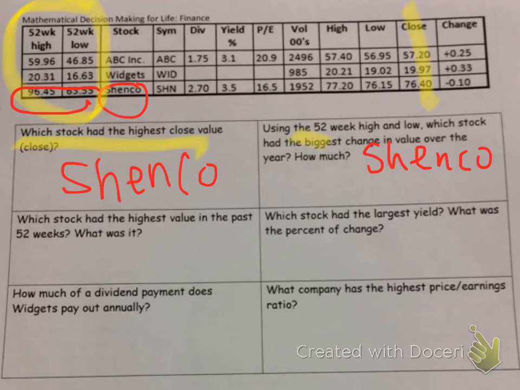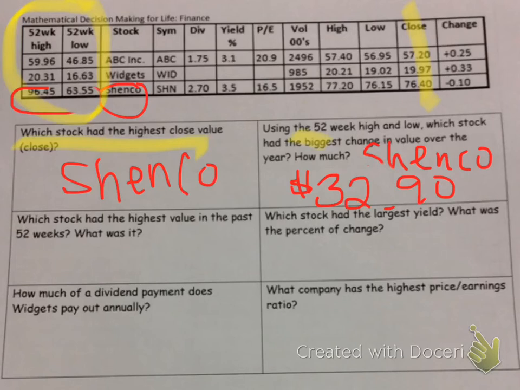So now we're just going to use our calculators and subtract those two numbers. 96.45, and I'm going to subtract from that 63.55, and the amount of change is $32.90. So my answer for how much is $32.90.